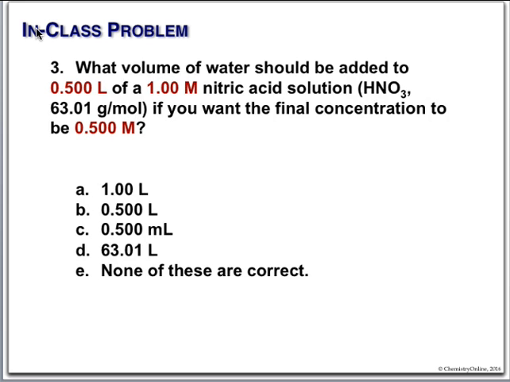All right, here we have a 1 molar nitric acid solution, 1 mole per liter. And we have half a liter of it. How much water do we have to add to this to make the final concentration 0.5 molar?